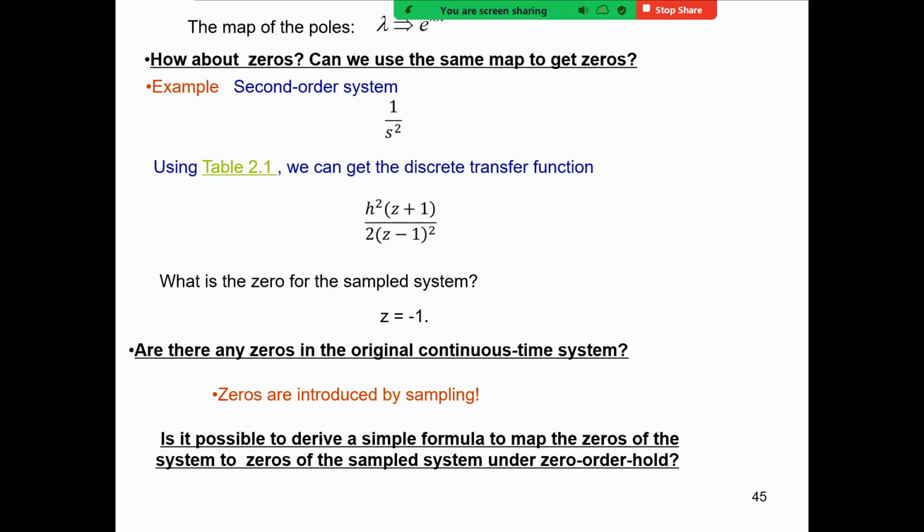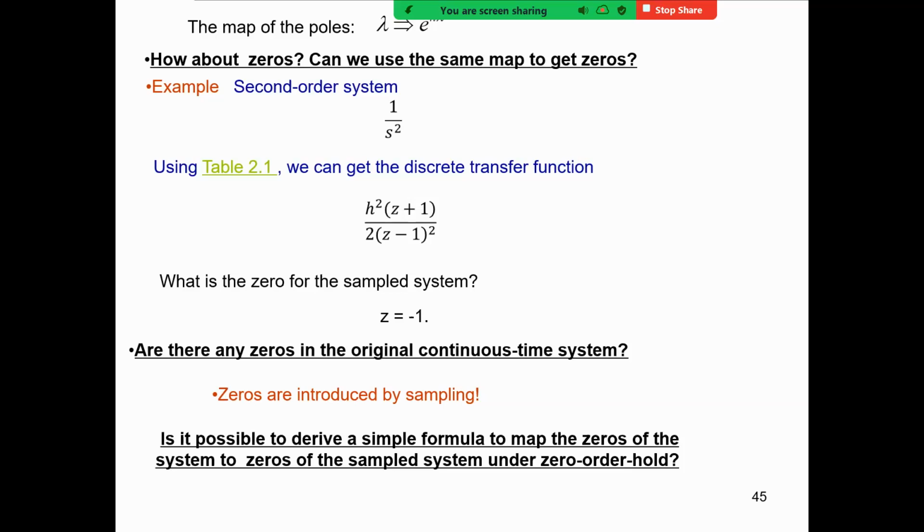In theory, is there any such formula? Is it possible to find such a formula that you can translate the zeros from the continuous time to the discrete time? By looking at this example, the answer should be clear. Yes or no? Of course not.